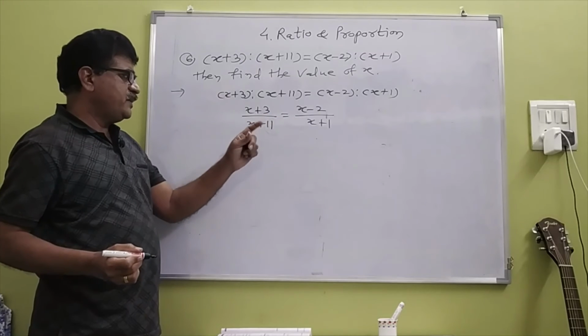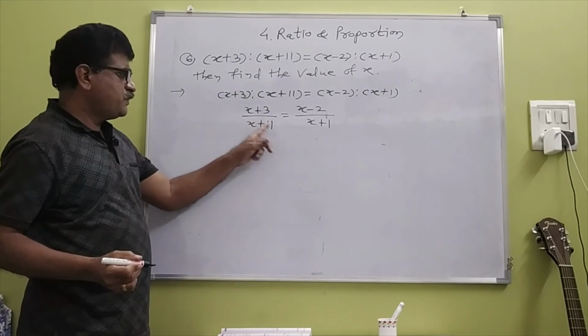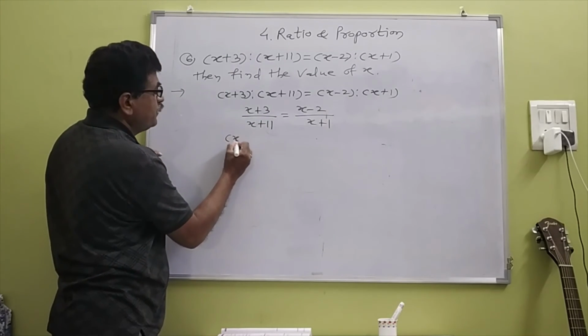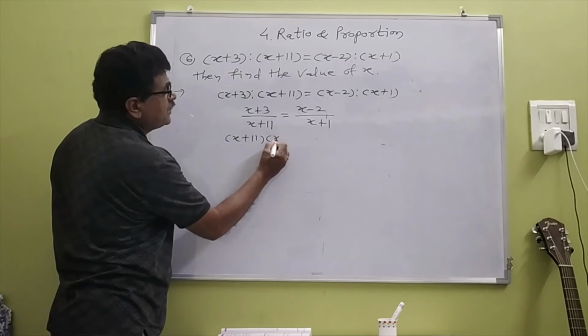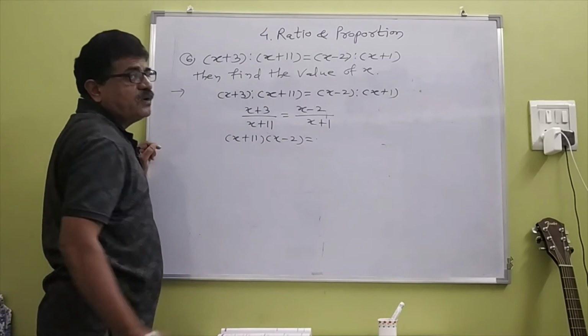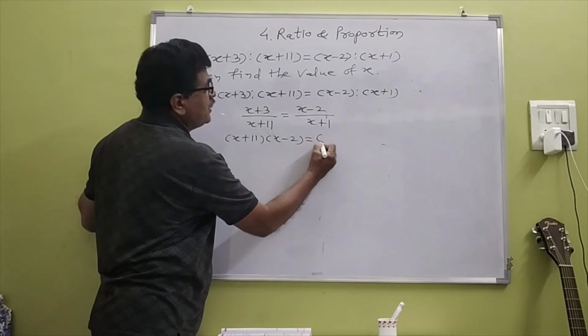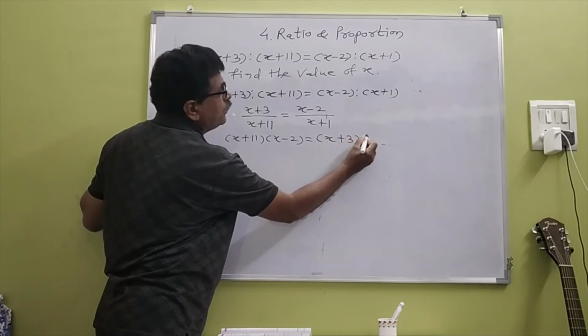Taking cross multiplication, that is x plus 11 into x minus 2 equal to x plus 3 into x plus 1.